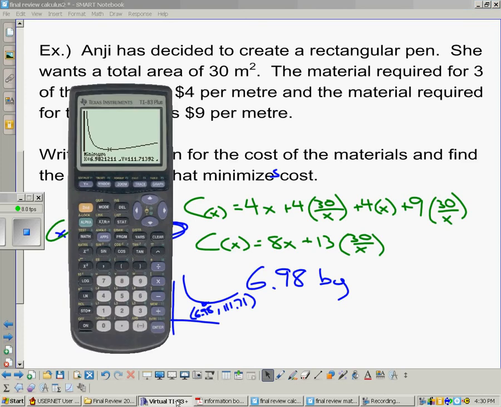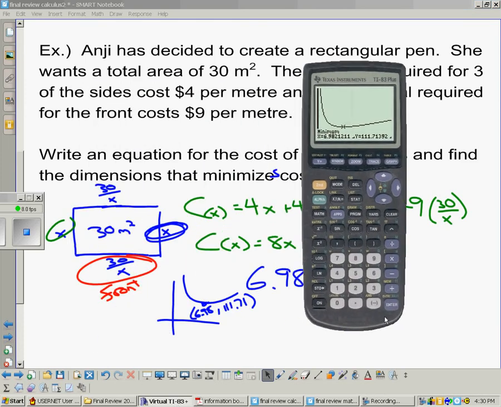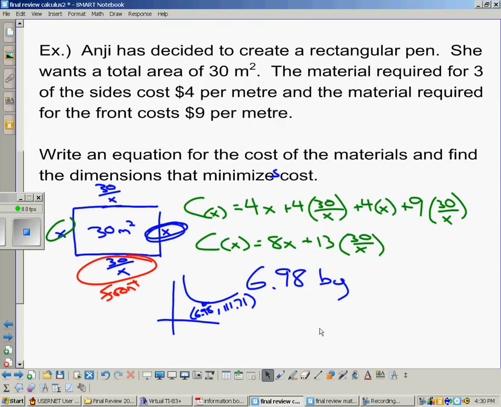We need a different amount for the front and back. So our other dimension is going to be 30 divided by our x value of 6.98, or 4.30.